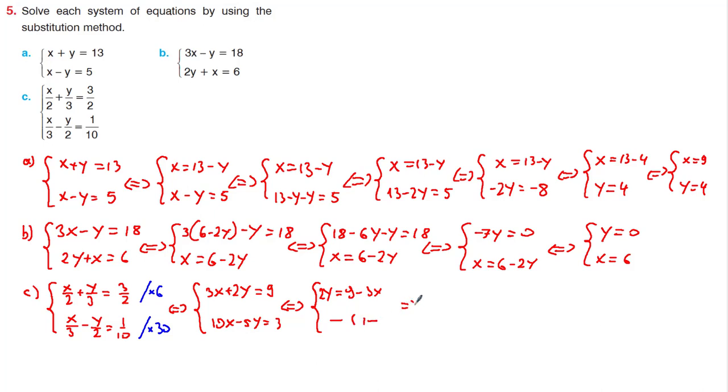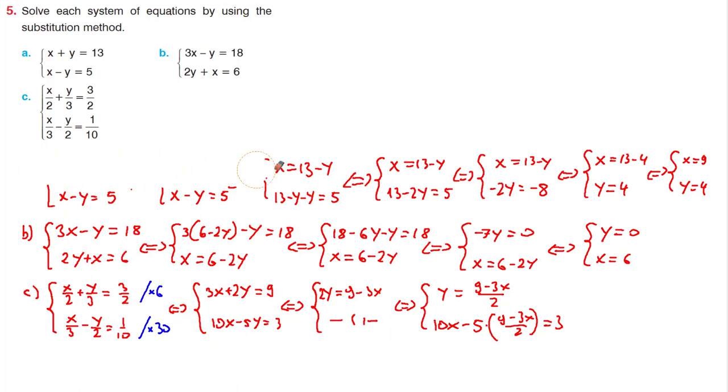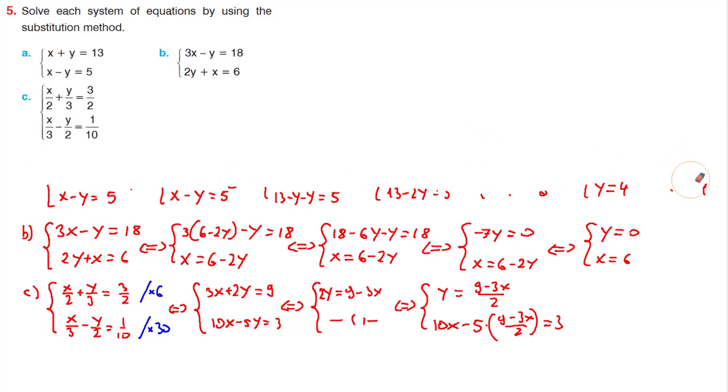Copy the second equation. That means y is (9 minus 3x) over 2. When you substitute in the second equation, you get 10x minus 5 times y, but instead of y, we write (9 minus 3x) over 2, equal to 3. Because I don't have enough space, I will have to erase some parts here, and we will continue there.